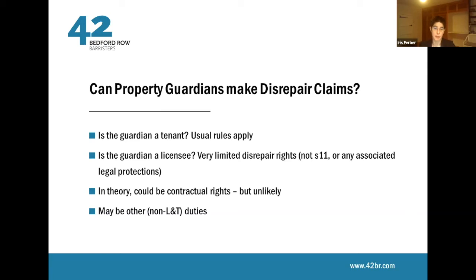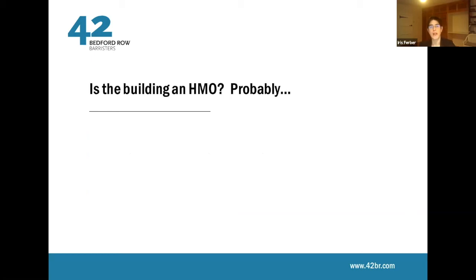But in principle, those rights are available to anyone who occupies a building and would be available to those guardians too. And the final thing we're going to have a think about is HMOs.